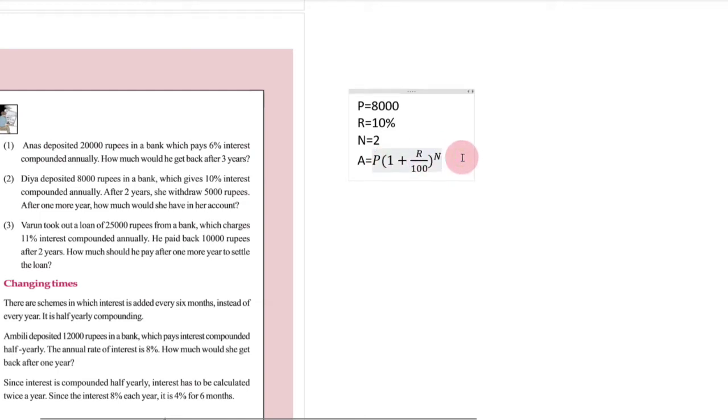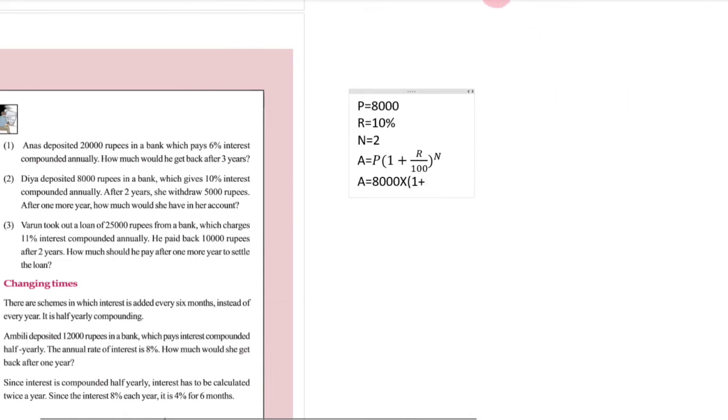Now we substitute these values in the equation. A is equal to P, which is 8,000, into, in brackets, 1 plus R by 100.